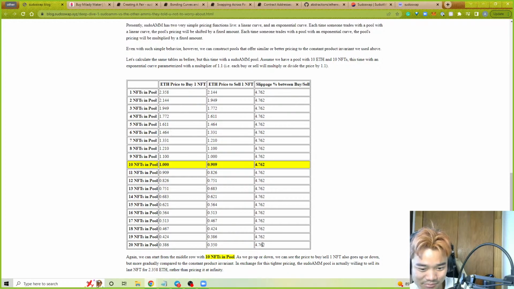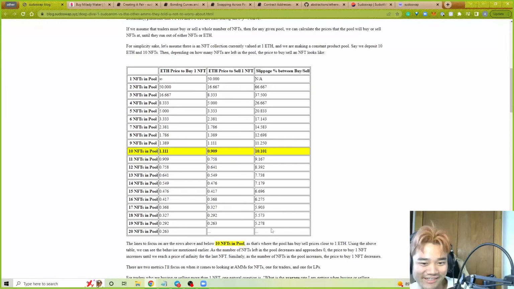The slippage is going to be constant across the whole pool, assuming you're the only one that's put NFTs in the pool, because you've defined it as, I only want 0.1 ETH delta for each NFT bought or sold. And in this simulation, they're going with a 1.1 multiplier. So that's how they're getting around the invariant slippage issue.